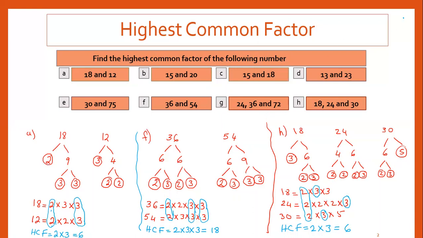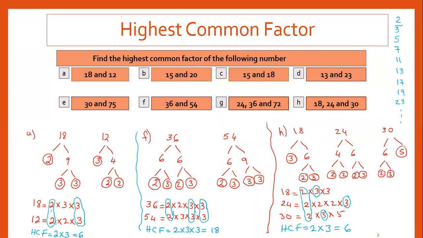Now remember, the prime numbers are, in case you don't remember them, 2, 3, 5, 7, not 9, 11, 13, not 15, 17, 19, 23, and so on. Also take in consideration that 2 is the only even prime number.